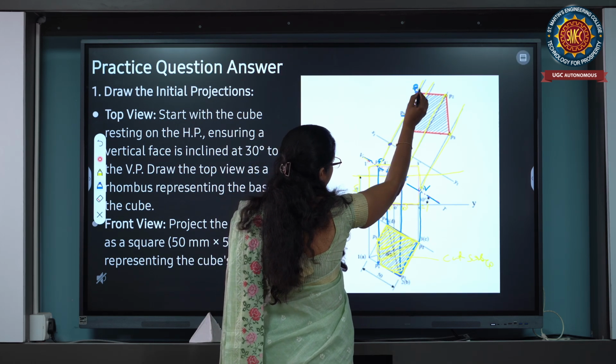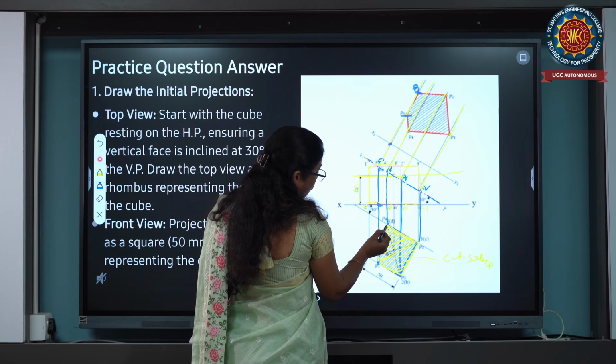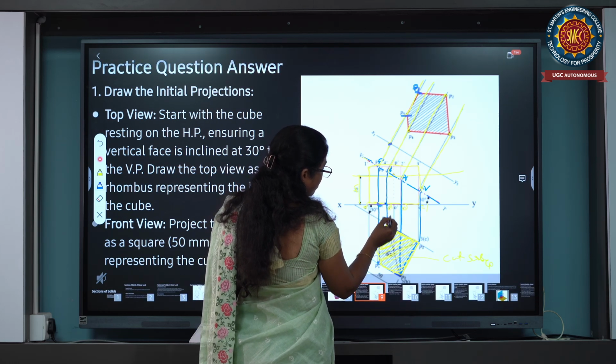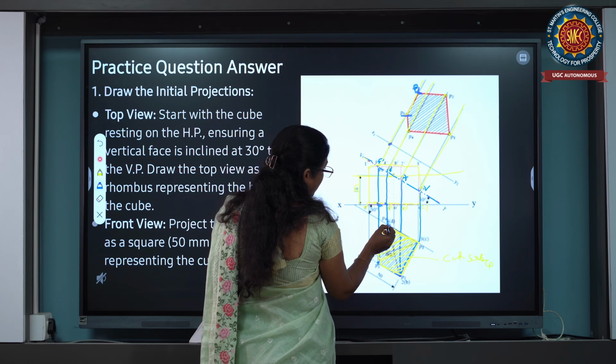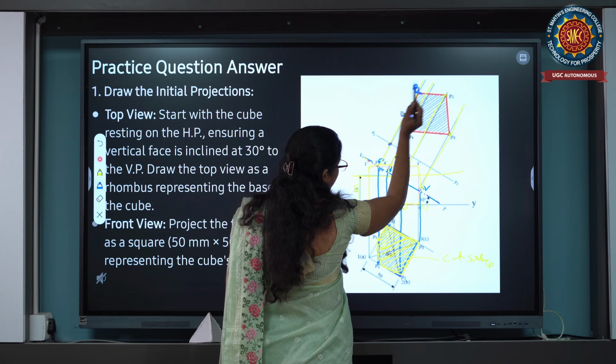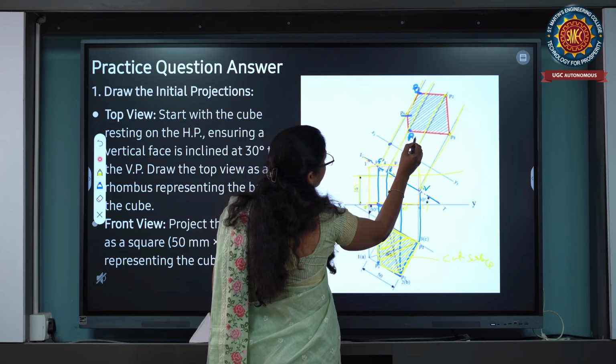Then take the distance from here to here and cut an arc using this reference line. Then from X as the center, with radius to P2, cut an arc on that line, and you will get points P1 and P2. Then take this section plane, and from it you will get lines. From X, take the radius X2 to Q, cut an arc on that line, and you will get this point P4.